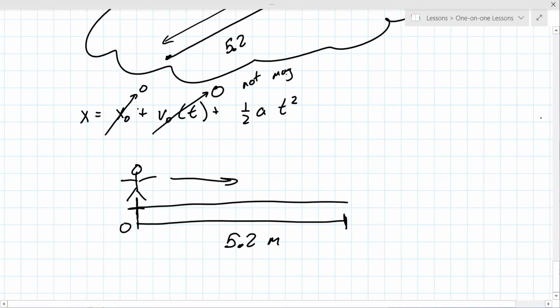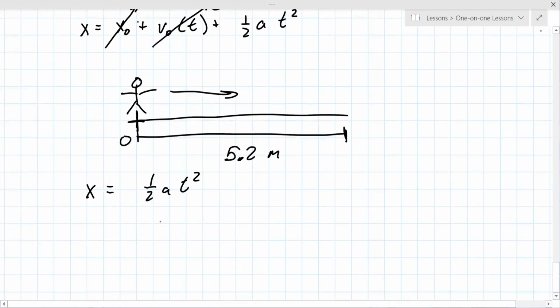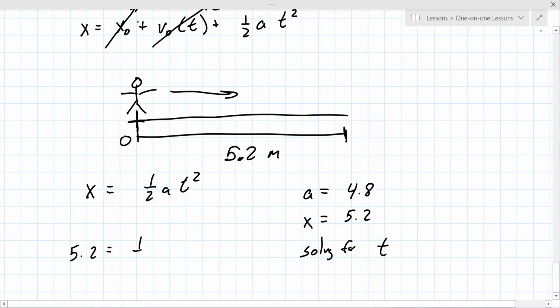Right. Now, do you know acceleration? Yes, you just found it in the previous problem. So let me rewrite this. It's x equals 1/2 at squared. You know the acceleration. You just found it. Acceleration is 4.8. X is 5.2. And then you're solving for t. Oh, okay.